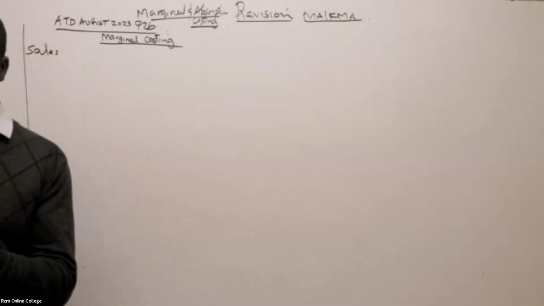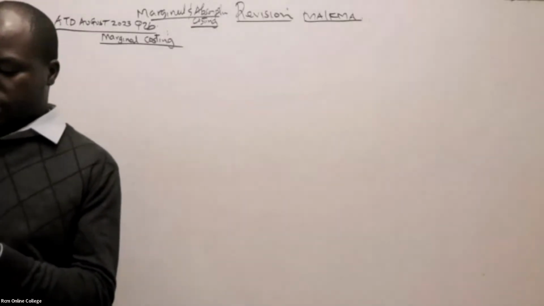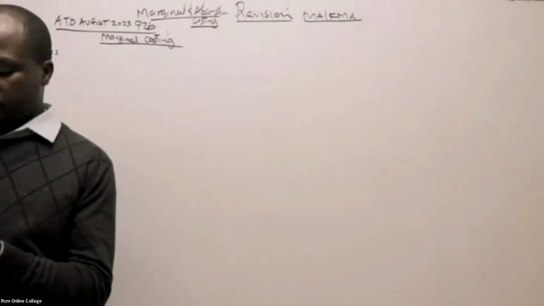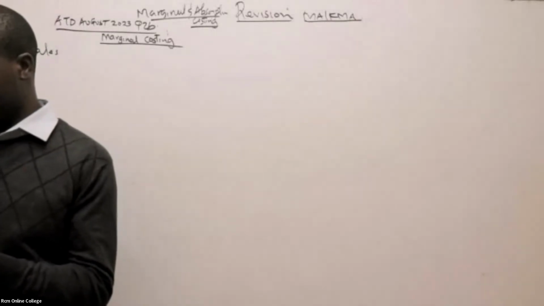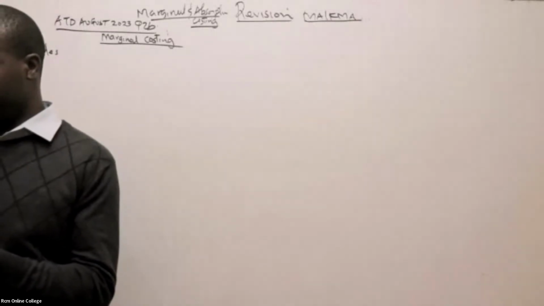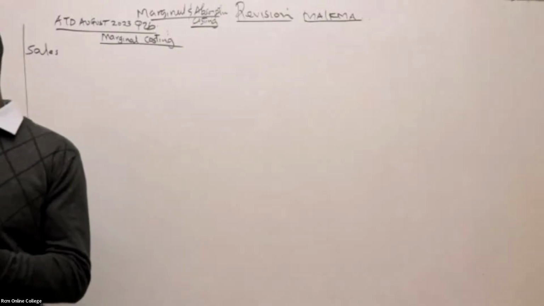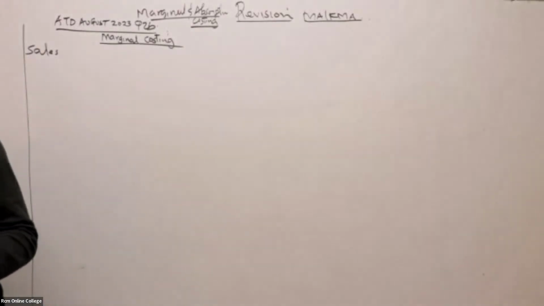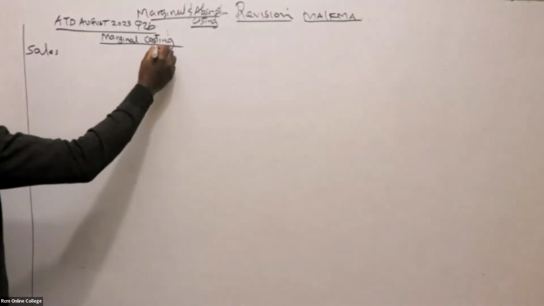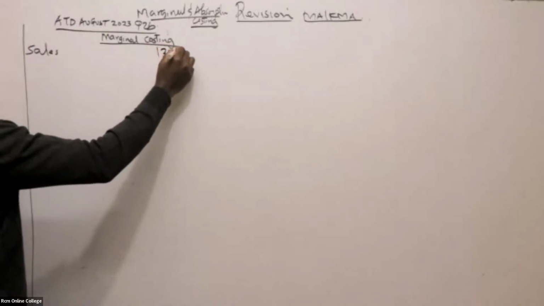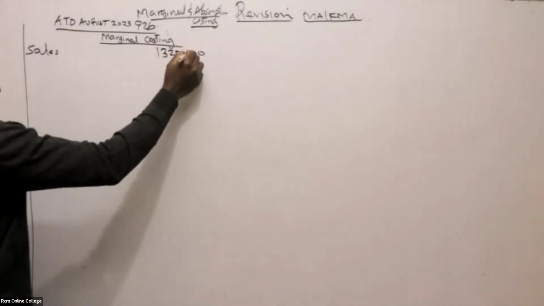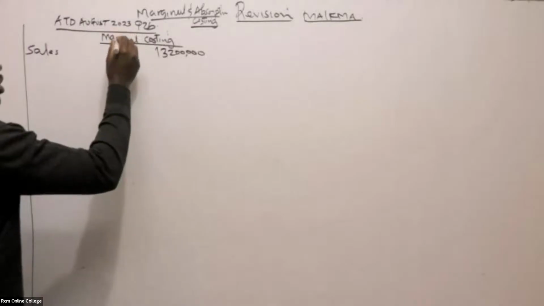How many units were sold? The company sold 24,000 units and the selling price per unit is 550. How much are we talking about here? Linda is giving us 13,200,000. So we have 13,200,000.